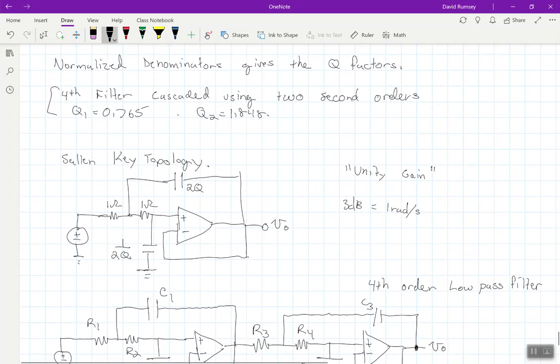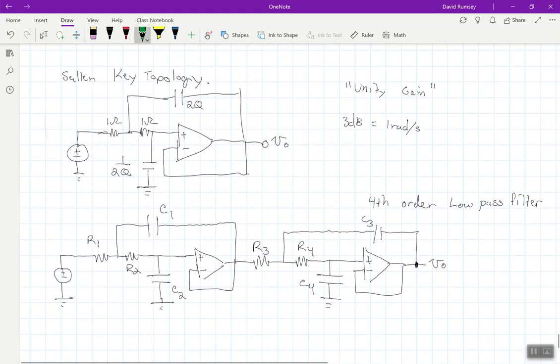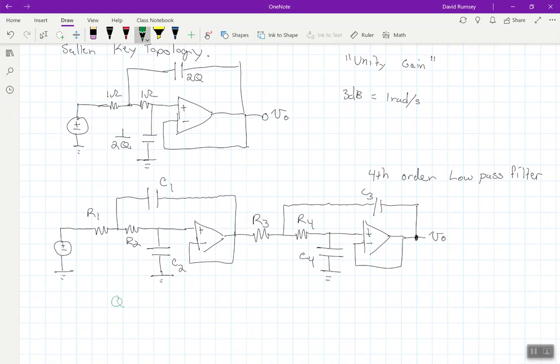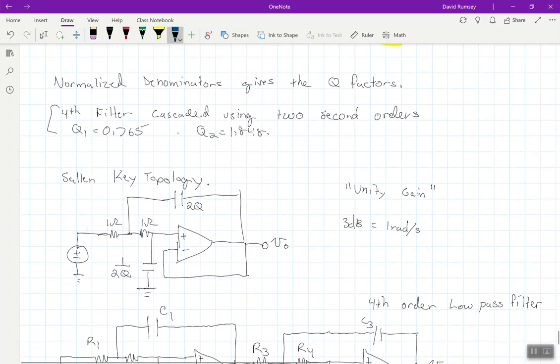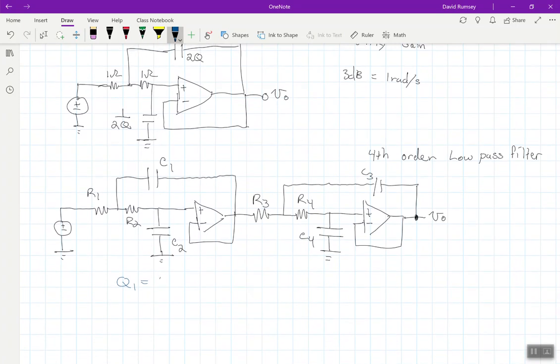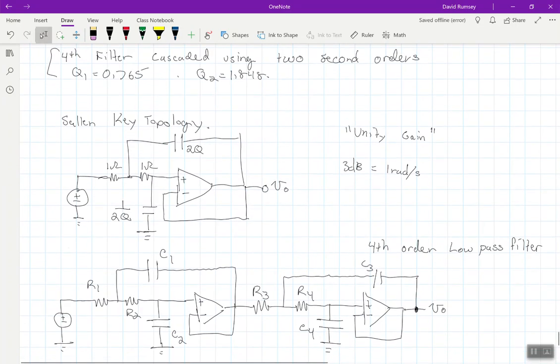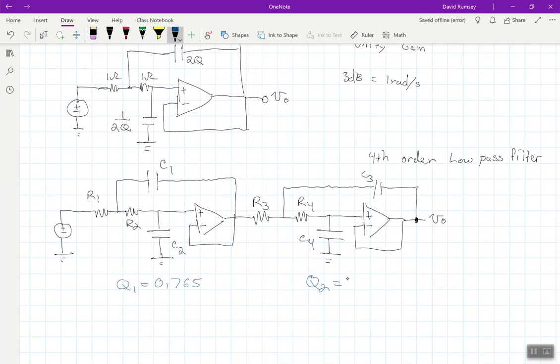And then the first stage quality factor, Q1, is equal to 0.765. And the second quality factor, Q2, is equal to 1.848.